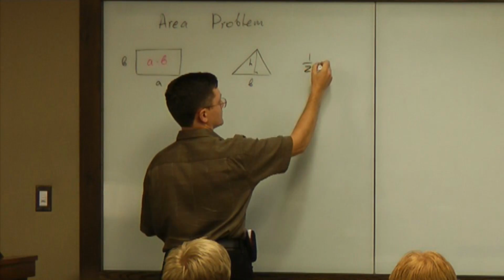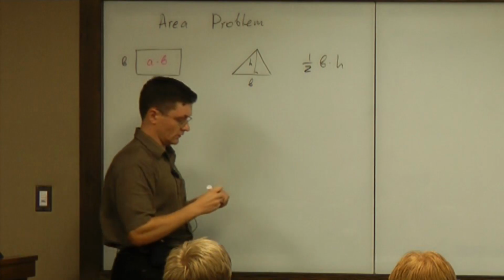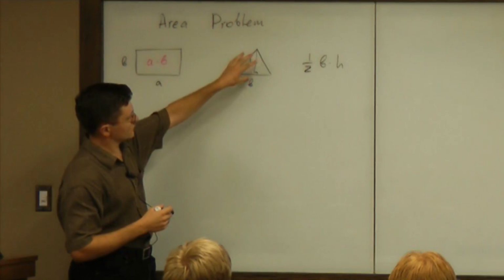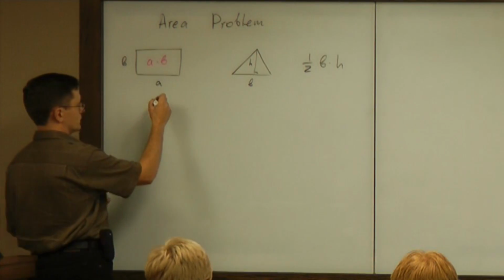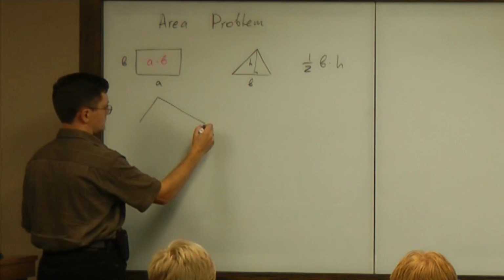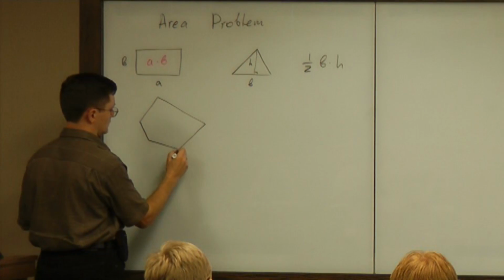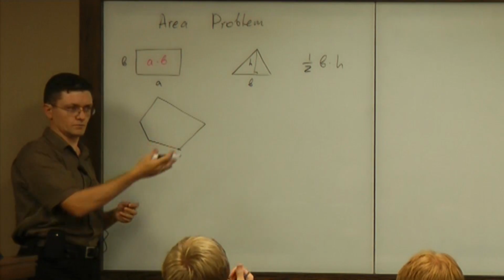So it is a half of base times height. And based on the computation of the area of a triangle, you can compute the area of any polygon by cutting polygon into pieces.